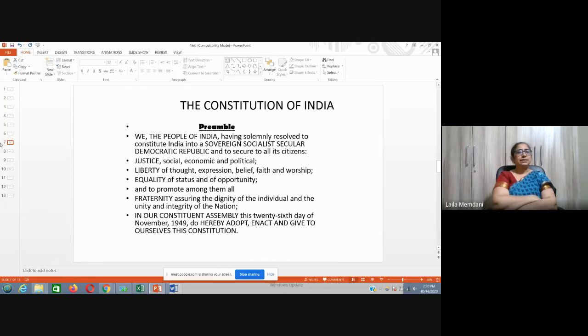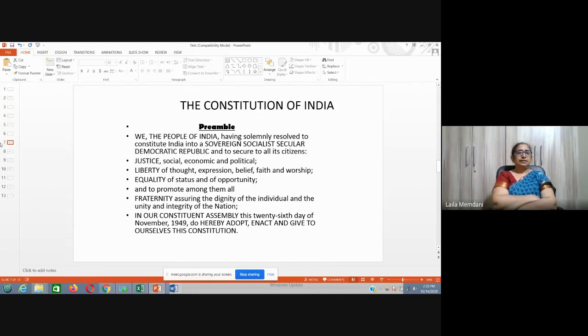That is, it means that the people of India have given the Constitution, declared that we constitute India into a sovereign, socialist, secular, democratic republic. Sovereign means supreme power.